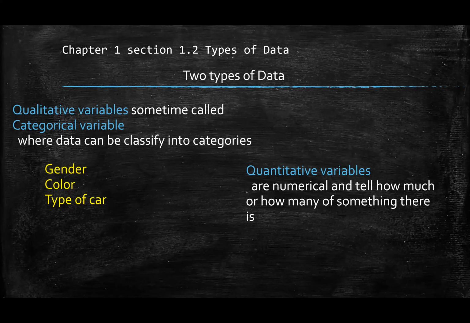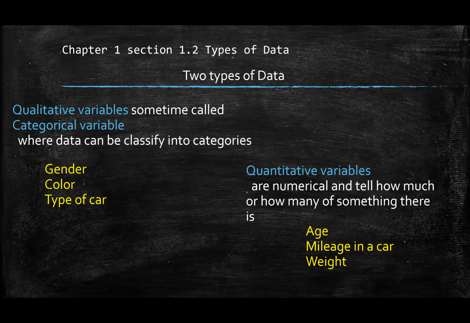So you will hear me say qualitative data is the same as qualitative variable. But anyway, let me correct myself to correlate with the book. A quantitative variable is a variable that relates to numbers and tells you the amount of something. Your age is the amount of how long you have been living. The mileage in your car is how long that car has been used, or the weight, which is again the amount of something.